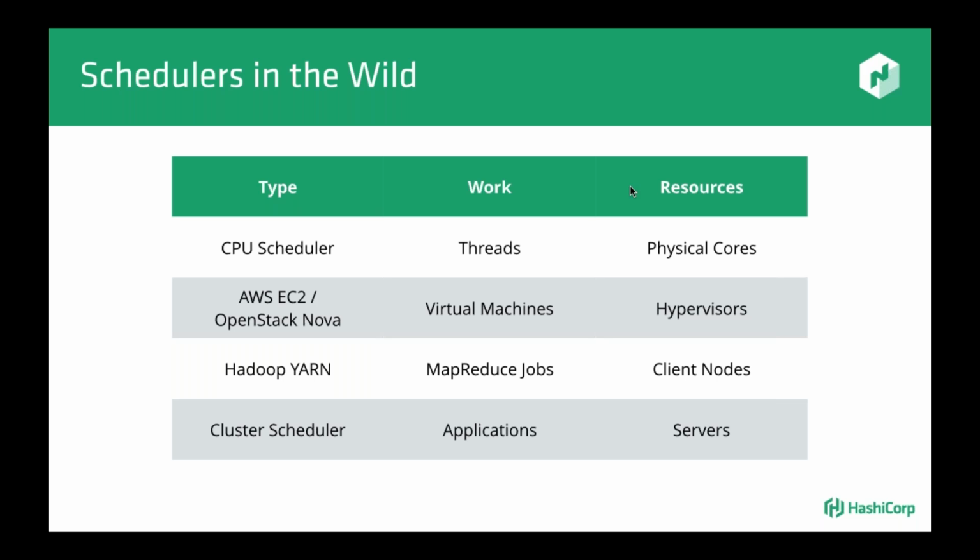We have query engines, things like Hadoop YARN, which are mapping queries like MapReduce onto the client nodes that can execute them. And then lastly, when we talk about cluster schedulers, things like Nomad, we're mapping a set of applications onto a set of fixed servers. So this is really what we mean when we talk about Nomad being a cluster scheduler.